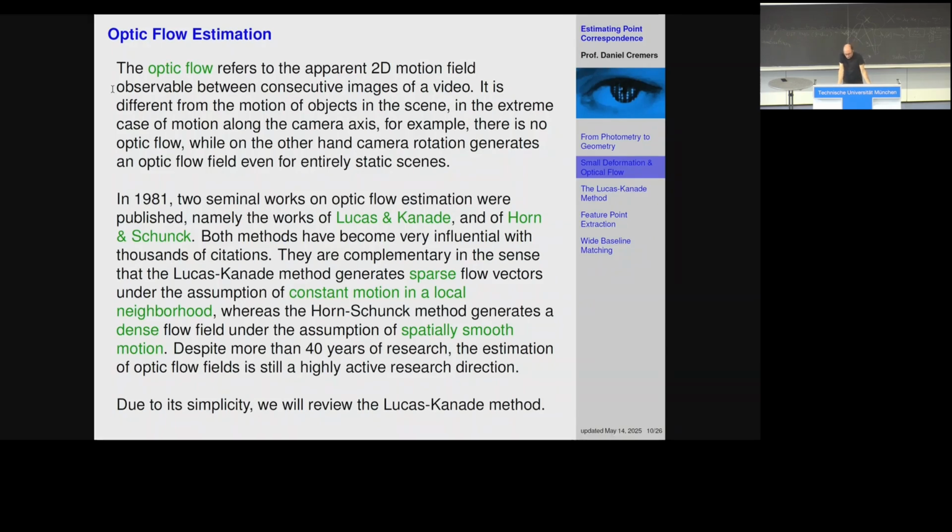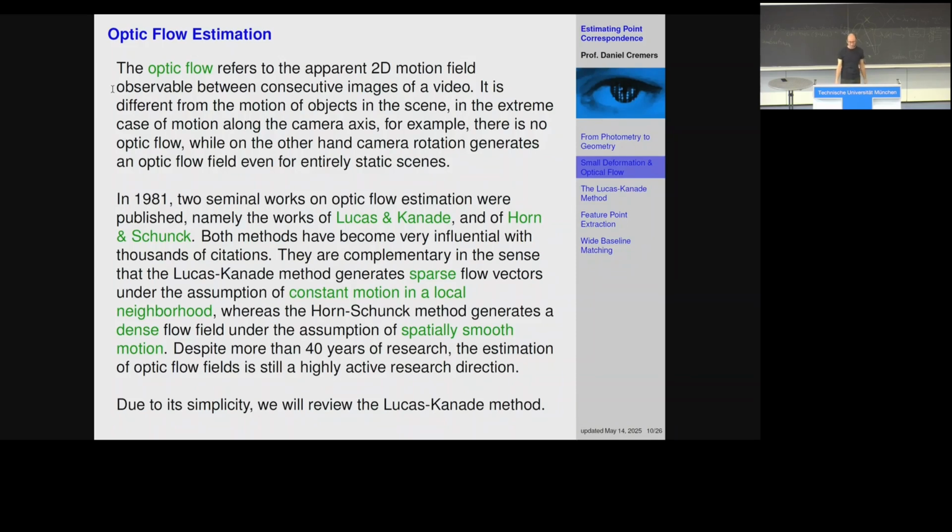And that's pretty much all we can estimate from images. This is something that people understood already in the 70s and 80s, and that's why there was a lot of study on optical flow estimation, that is, estimating essentially the part of the movement that is observable, the projection of the 3D movement onto the screen.